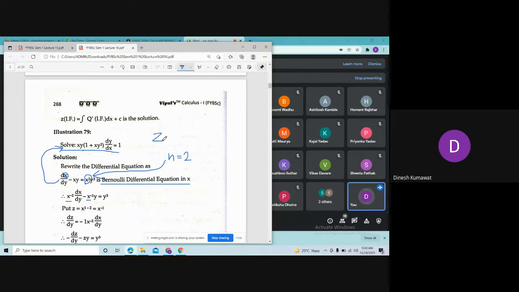So we need to make this substitution, that is z is equals to x to the power 1 minus n.